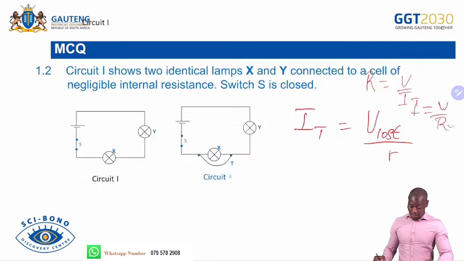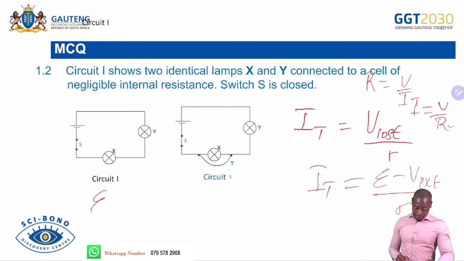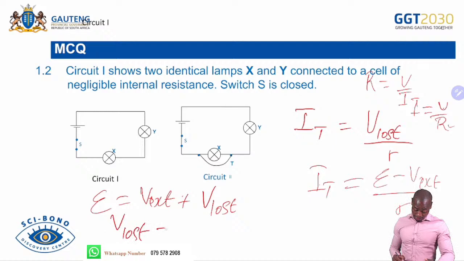So, okay, let's go back. So our lost volts, how did you calculate that? Remember we said E minus V external, over R. Then here we are having I total. Remember your E is given by V external plus V lost or V internal. So V lost, if you make V lost the subject of the formula, it should be V lost equals E minus V external, right?